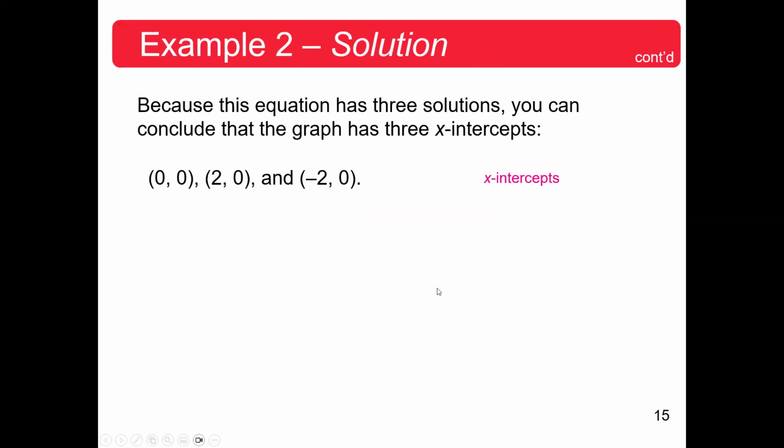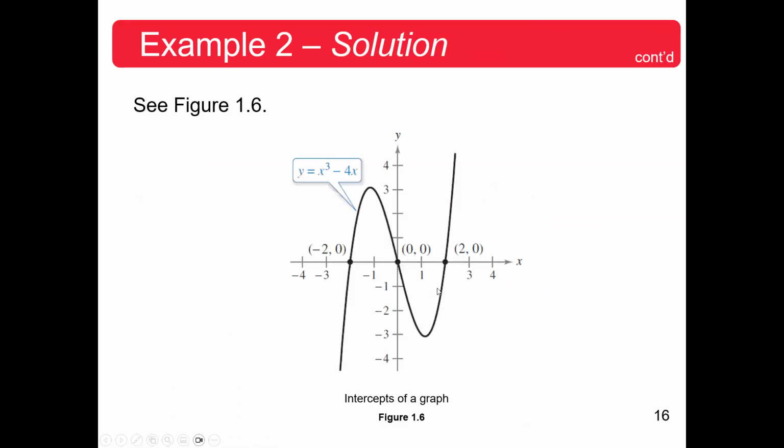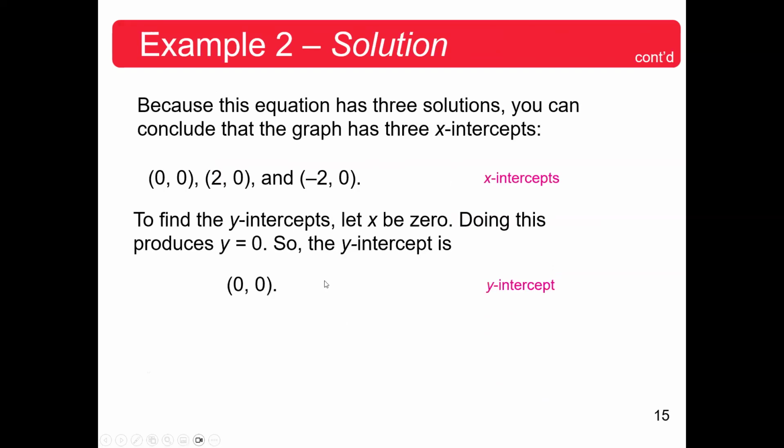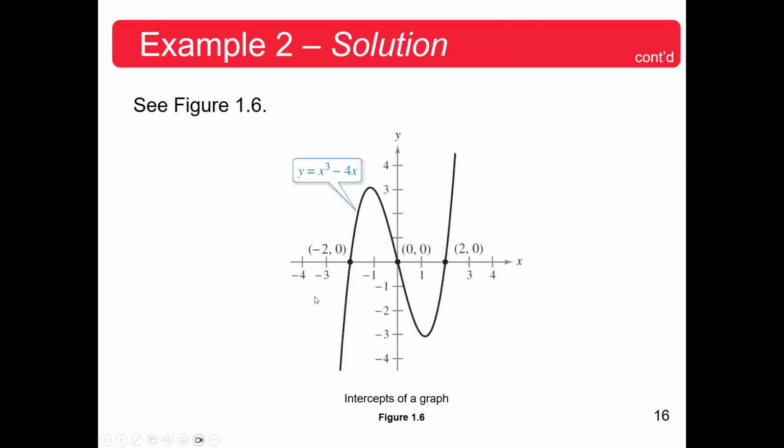So that's why we have here (0, 0). So for y, we have only one intercept, which is (0, 0). When x is 0, y is 0. Then we plot the graph. So here we can see the graph. The x-intercepts are (negative 2, 0), (0, 0), and (2, 0). And the y-intercept is only one, (0, 0).